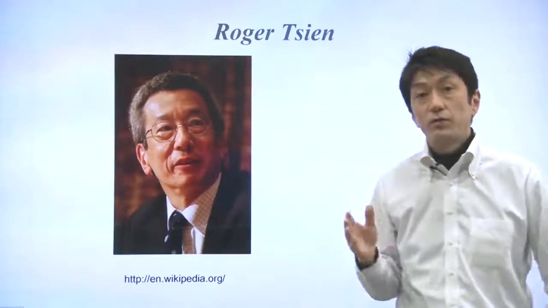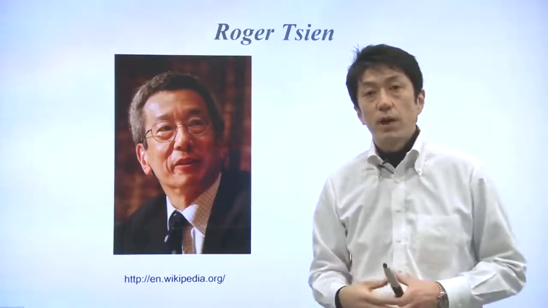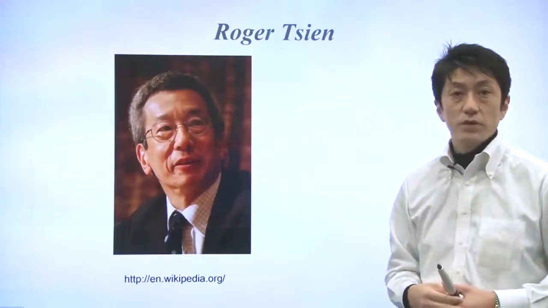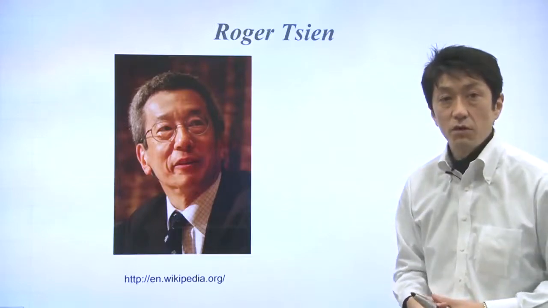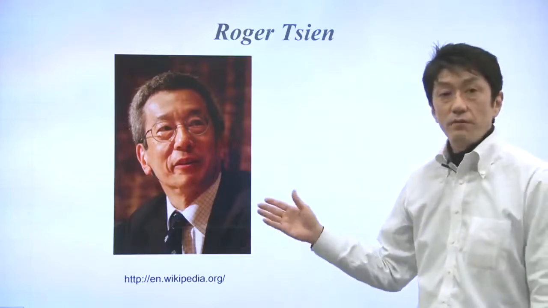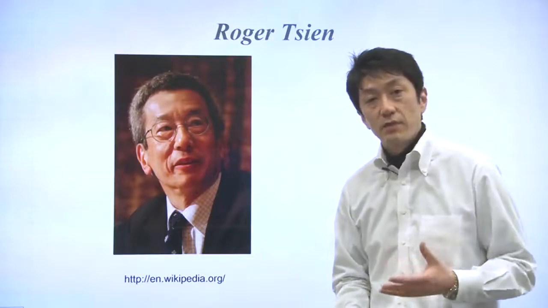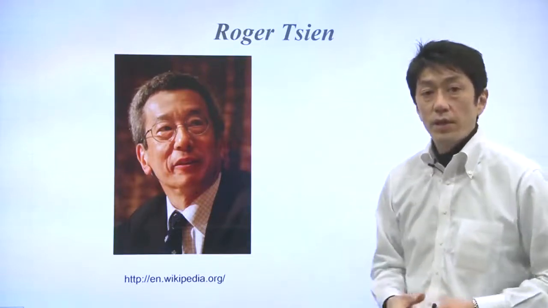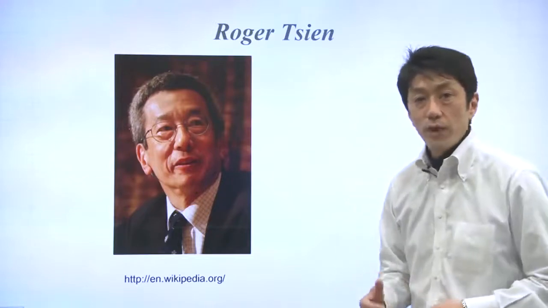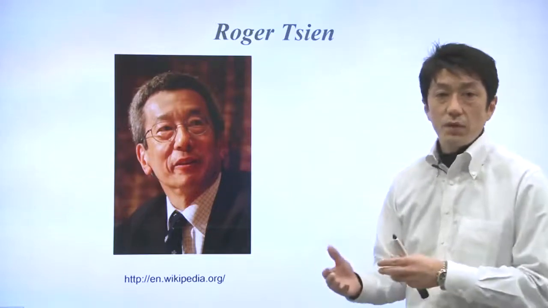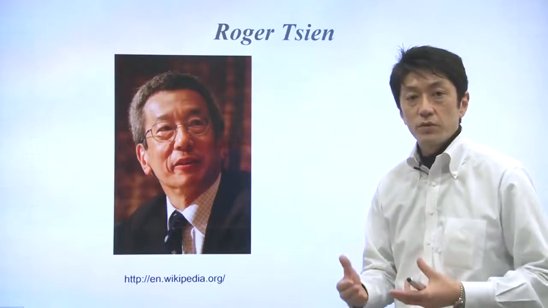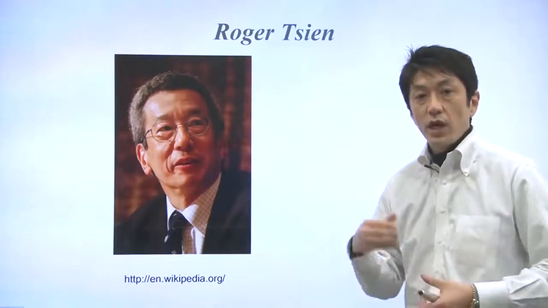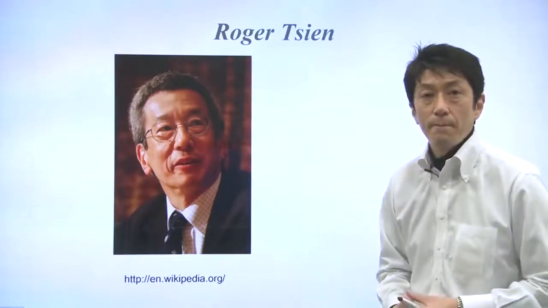Let me tell you about the other technology, which was developed by Professor Roger Tsien and co-workers at University of California, San Diego. Professor Roger Tsien is a well-recognized scientist in the field of fluorescent molecular imaging. He was awarded the 2008 Nobel Prize in Chemistry for the discovery and development of the green fluorescent protein, GFP, which I will talk about later.